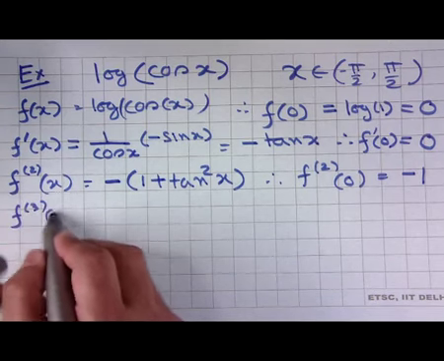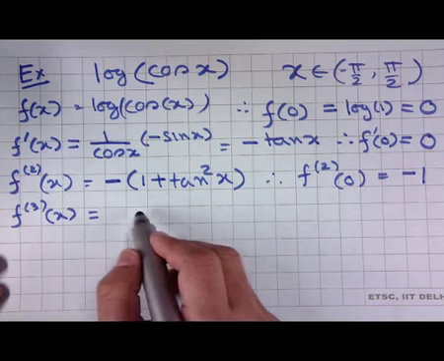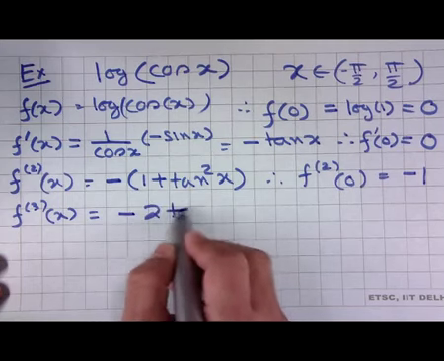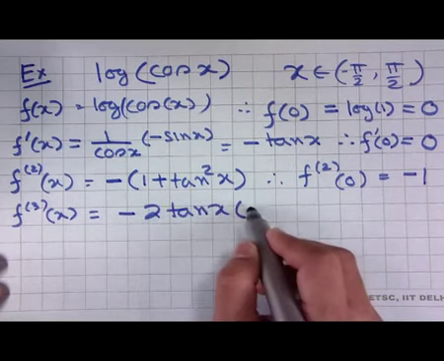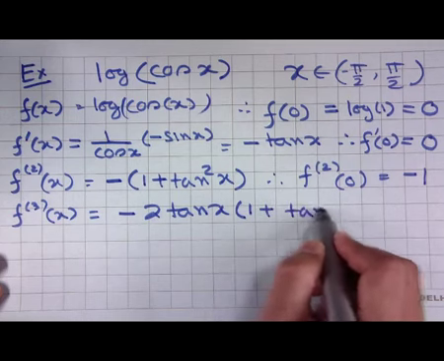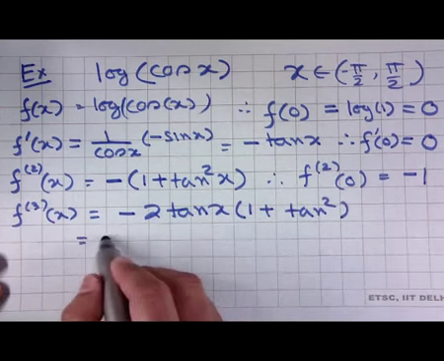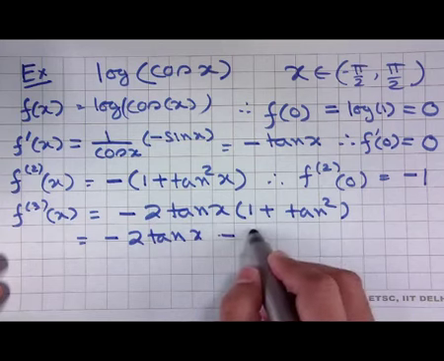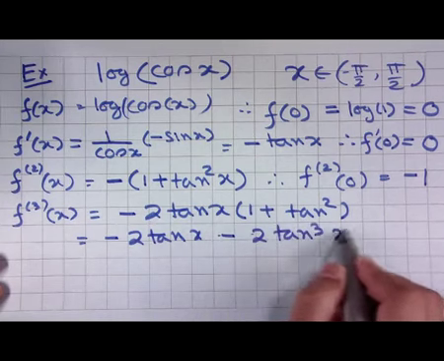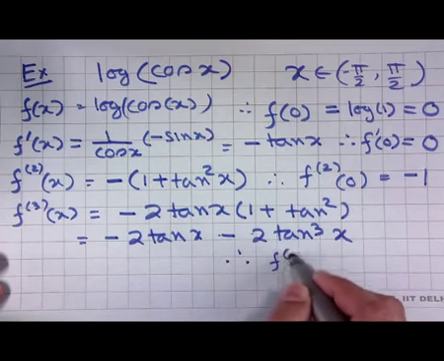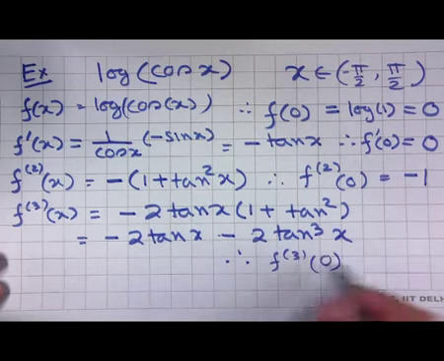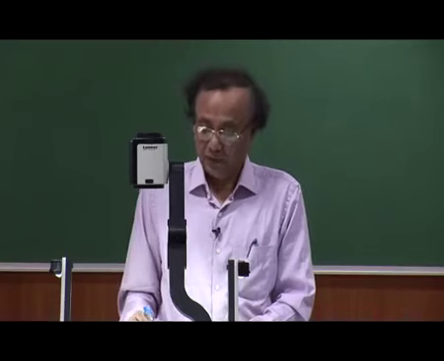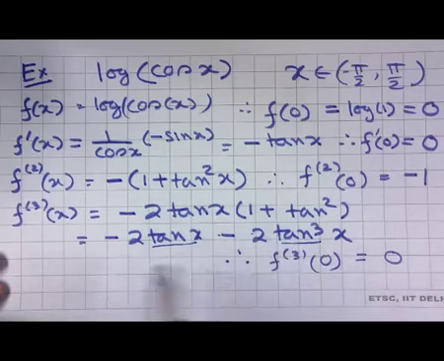The third derivative is equal to minus 2 tan x into (1 plus tan square x), which is equal to minus 2 tan x minus 2 tan cube x. Therefore, the third derivative at 0 is equal to 0, because if we put x is equal to 0, then this becomes 0 and this becomes 0 as well.